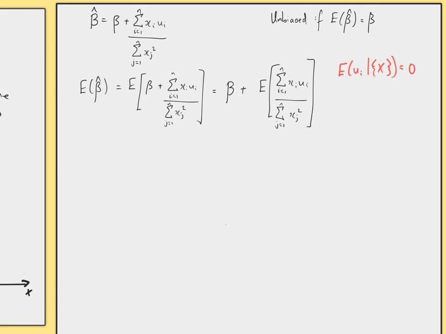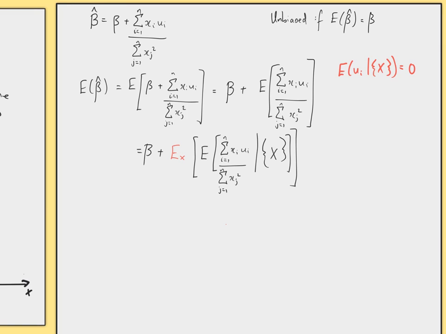So this whole expression is equal to beta plus the expectation over all possible values of x of the conditional expectation of the sum of the xi ui's over the sum of the x squared, given a particular value of x.